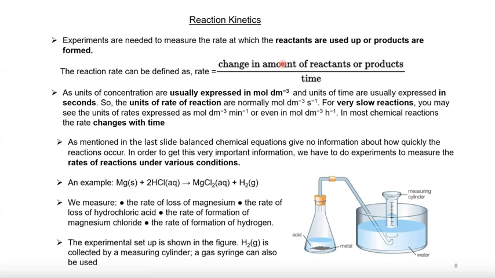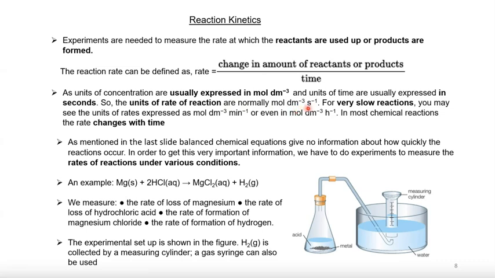Okay, what is the unit of reaction rate? When we say change in amount of reactants, we mean the concentration of the reactants and also the concentration of the product. We do remember the concentration is expressed in mole per dm cube. If unit of time is expressed in second, therefore the unit of the reaction rate will be mole per dm cube per second.